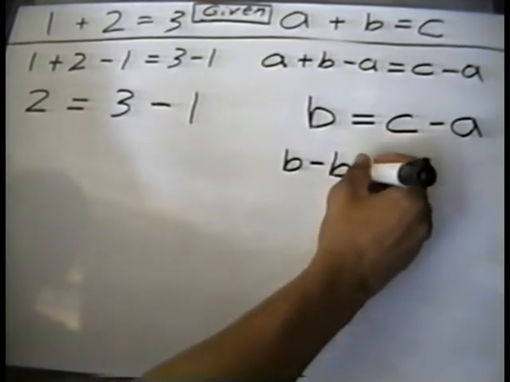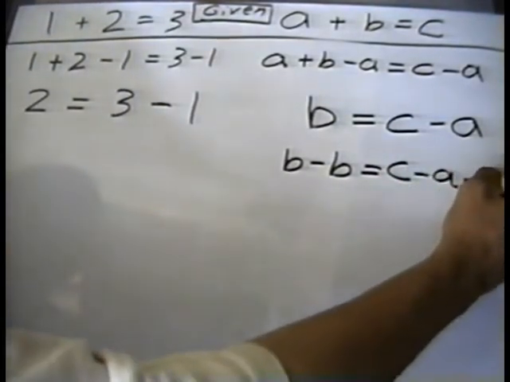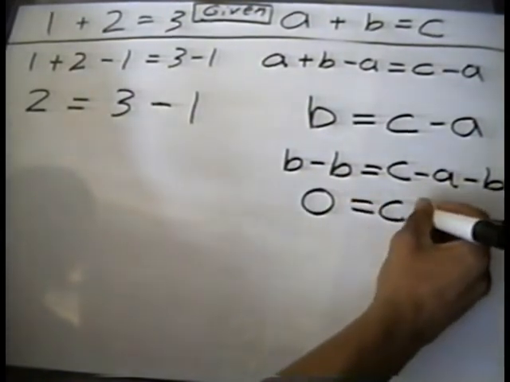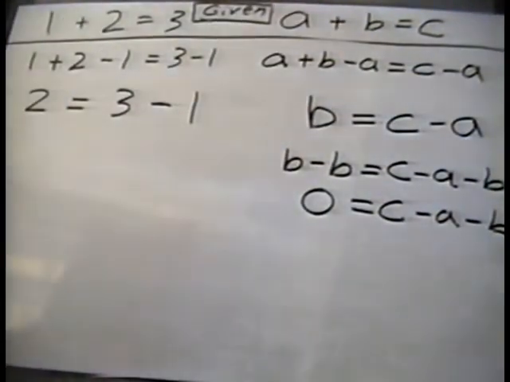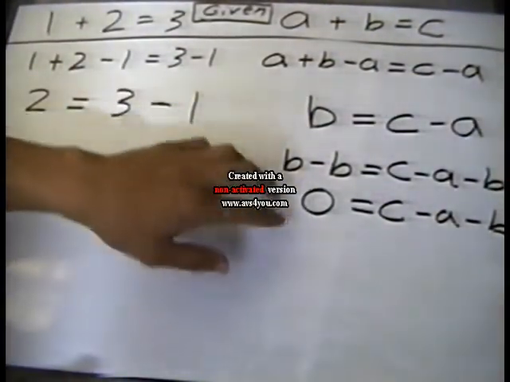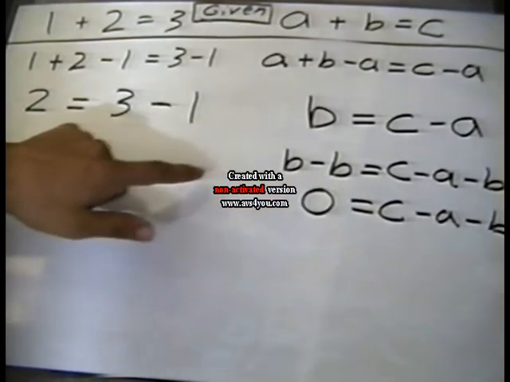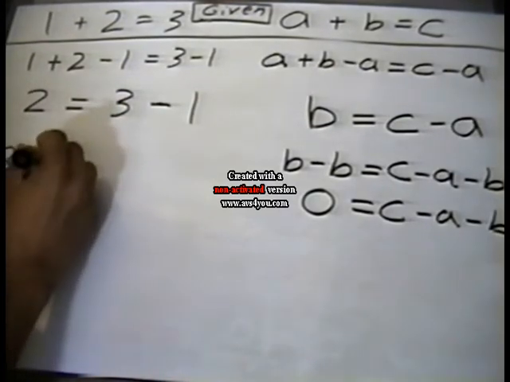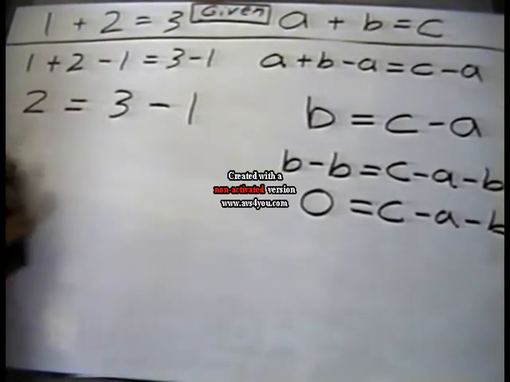Now if we go back to up here, if I bring B to the other side of the equation, or if you subtract B from both sides, you get B minus B equals C minus A minus B, which is 0 equals C minus A minus B. So here you're finding out how to set equations equal to 0. You see why this is so.